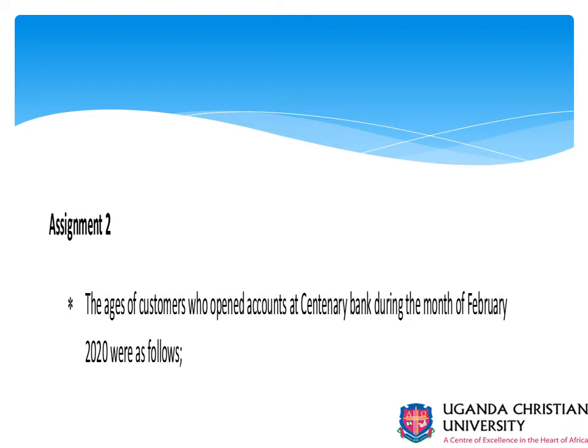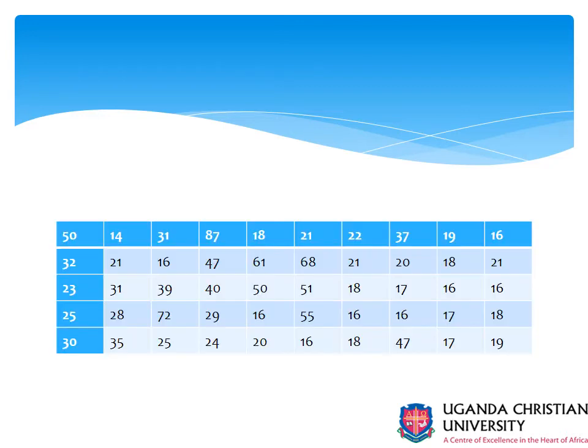or what you will call grouped frequency. How do we handle grouped frequency? For grouped frequency, it is the other way around: you have to first classify your data, as we learned in our previous class. You classify your data according to attributes or according to class intervals.